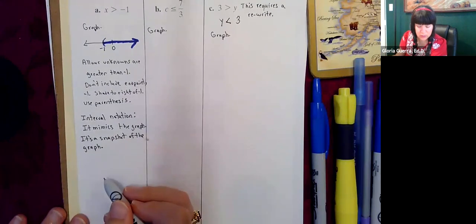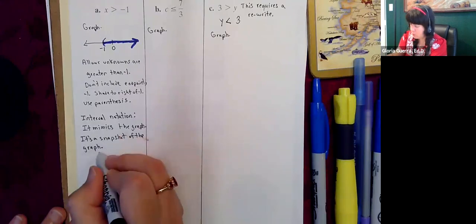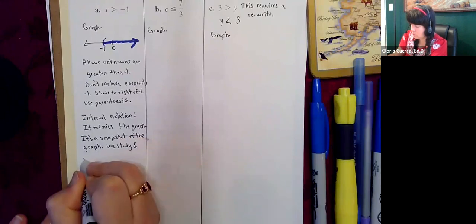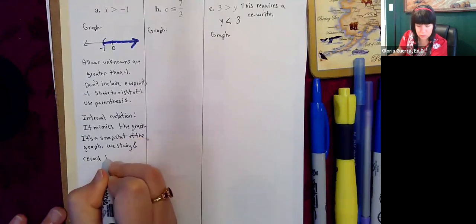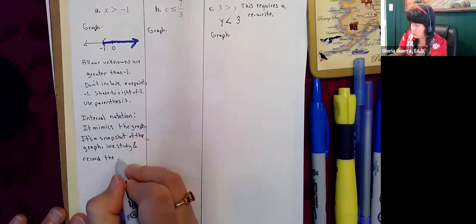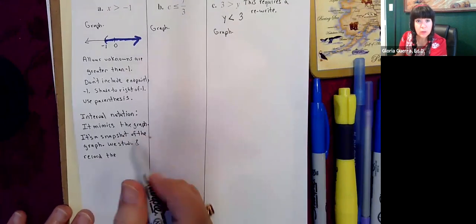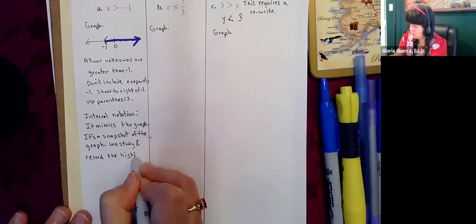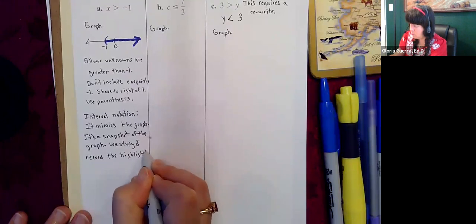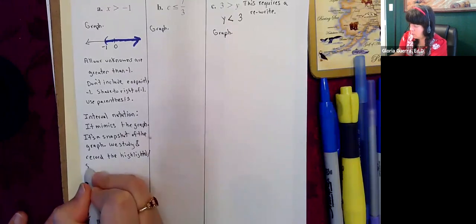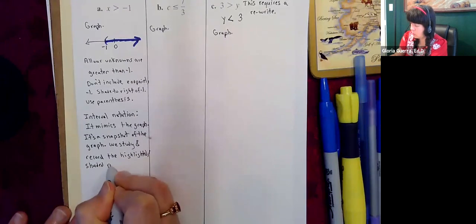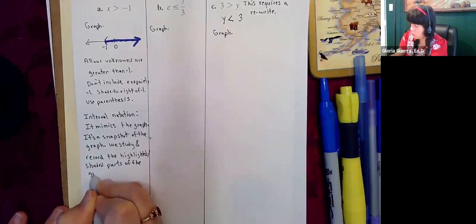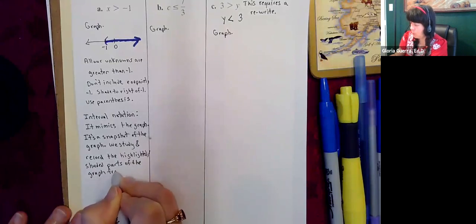We study and record the highlighted shaded parts of the graph from left to right.